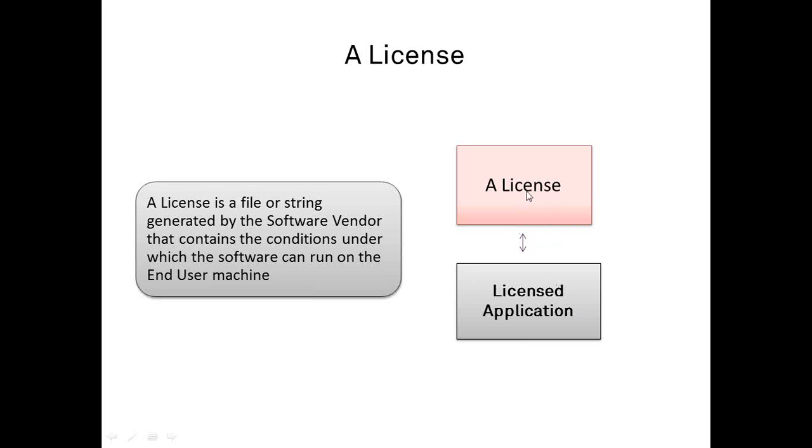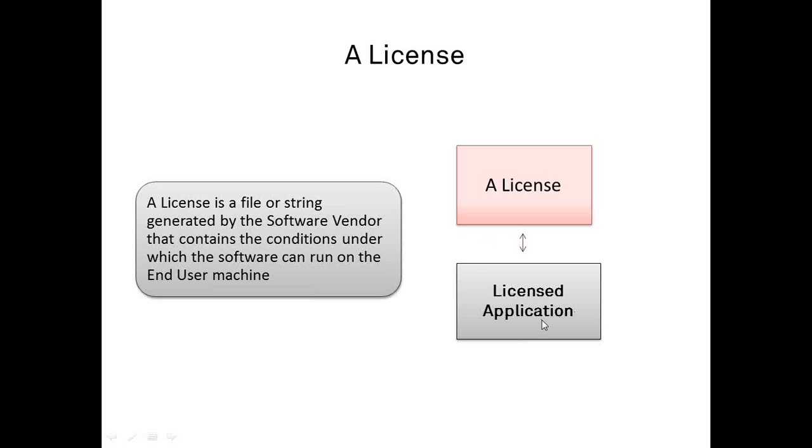And he created this license in order to have some conditions about his application that will allow and restrict the functionality of his application when it runs on the end user machine.